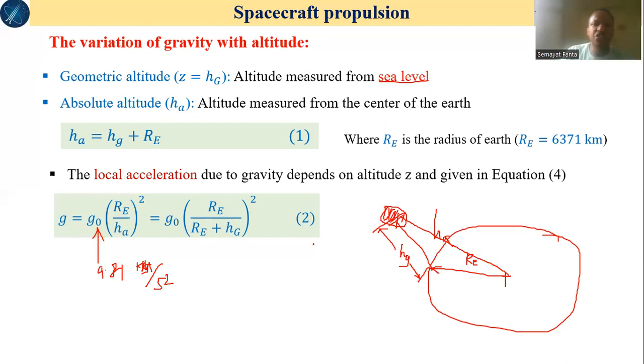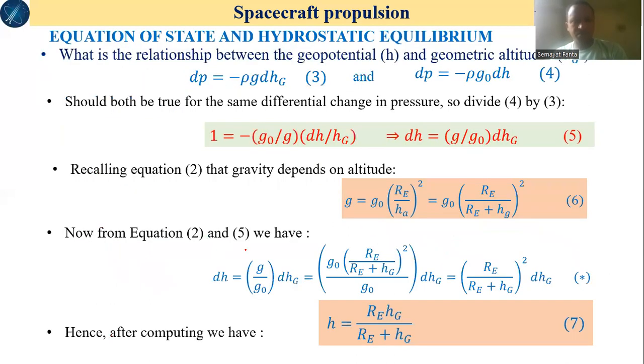So this is the relation that relates the gravitational field away from the Earth with respect to the gravity at the Earth's surface.